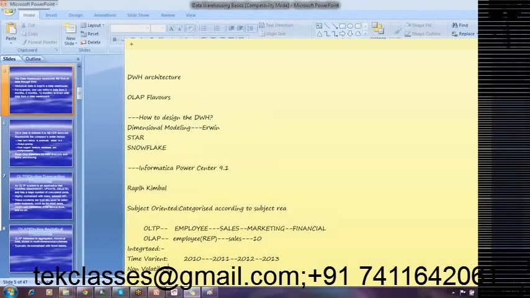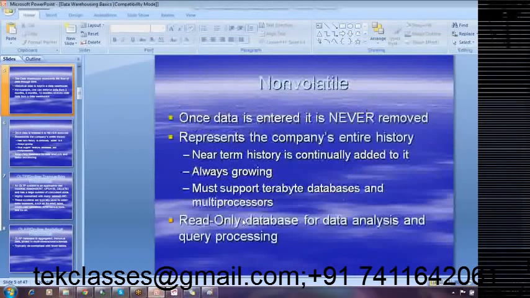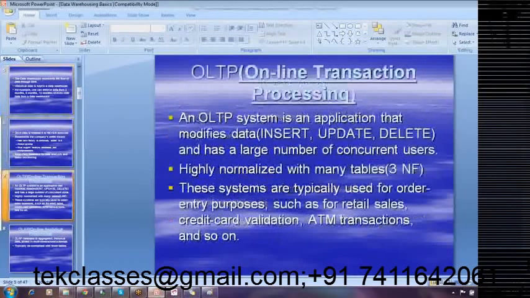Once you load the data into the data warehouse, you're not going to remove the data from it. That's why the data warehousing system is called a non-volatile system. So this is the standard definition of the data warehouse.